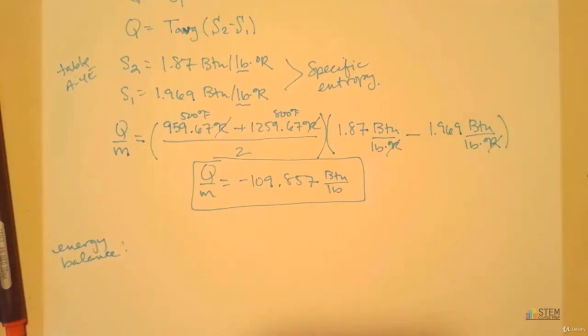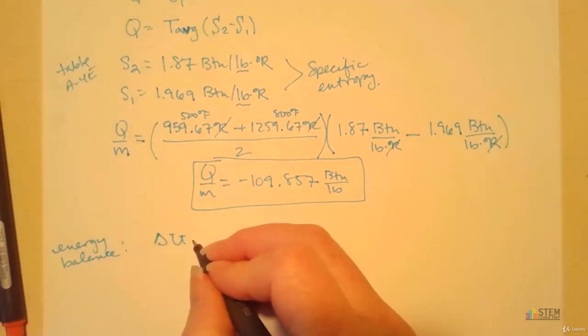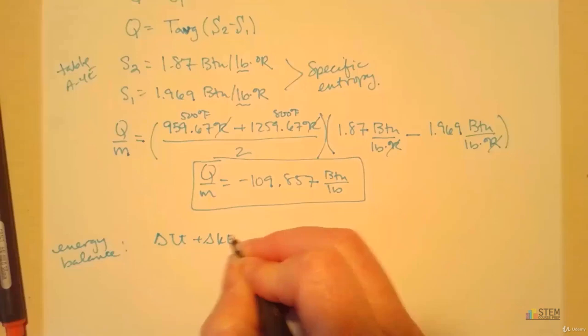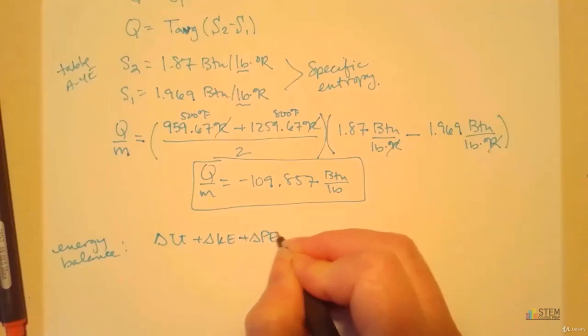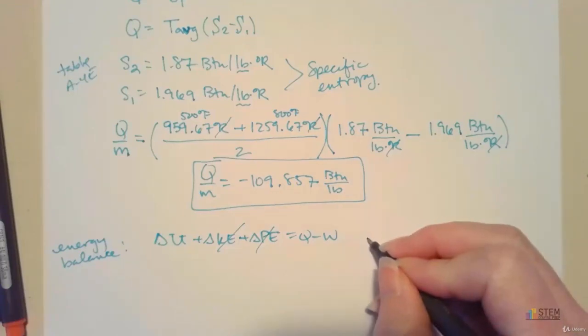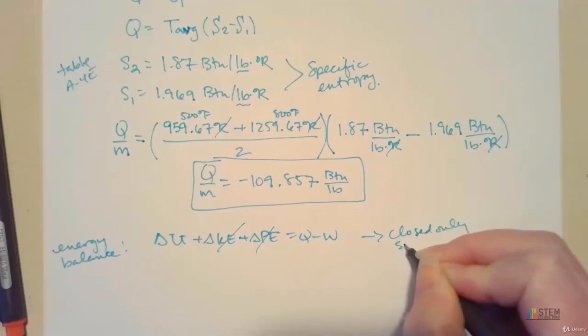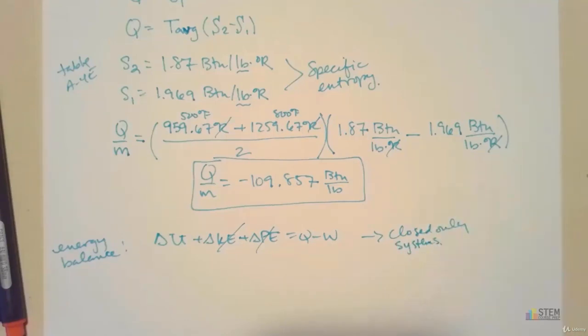Remember, this is a closed system, so the equation you have for a closed system, you're going to have delta U plus delta KE plus delta PE equals Q minus W. Now we're going to neglect those two, so those go away. And remember, this is only to be used for closed systems. We have a closed system though, so we can use that.